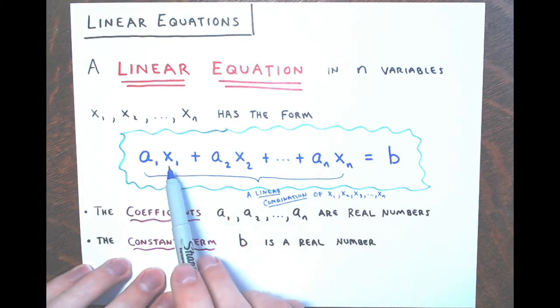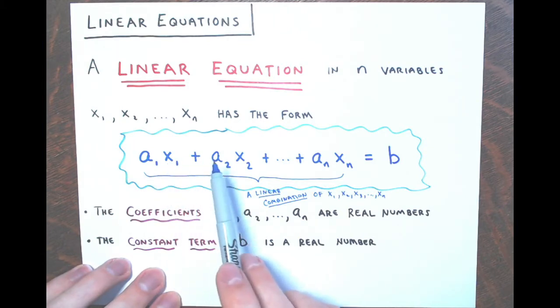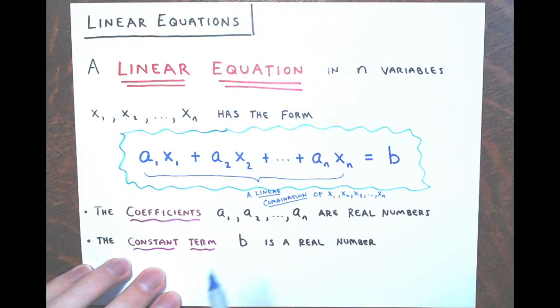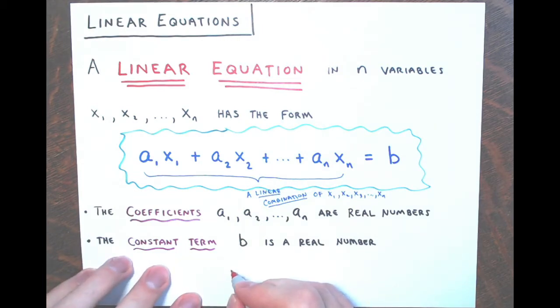So some other things to point out, again notice all the variables are to the first power. They have an exponent of 1. There aren't any variables in denominators or in any special symbols. So it's just some things I'm noticing, some things I'll point out.